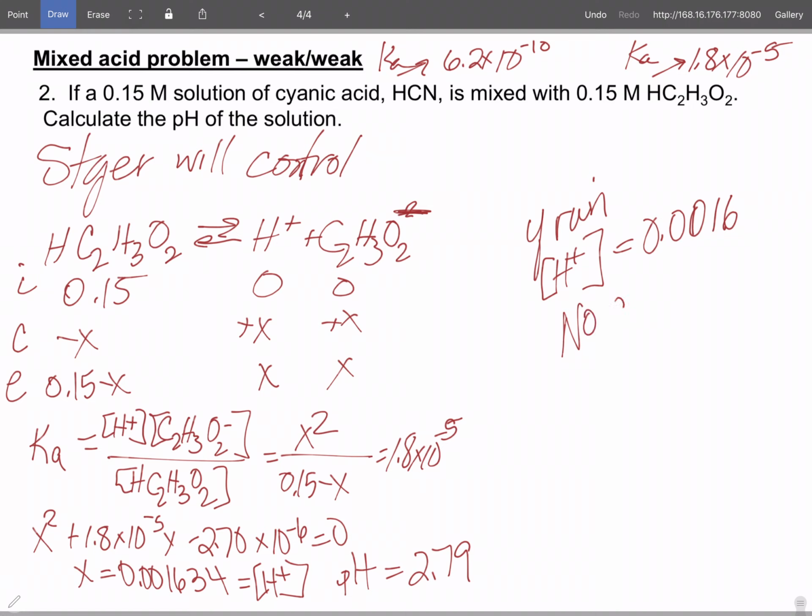So there's really no change in the pH. So remember, if you have a mixture, whichever species is stronger will control the pH of the solution. And so that's the only one you actually have to work.